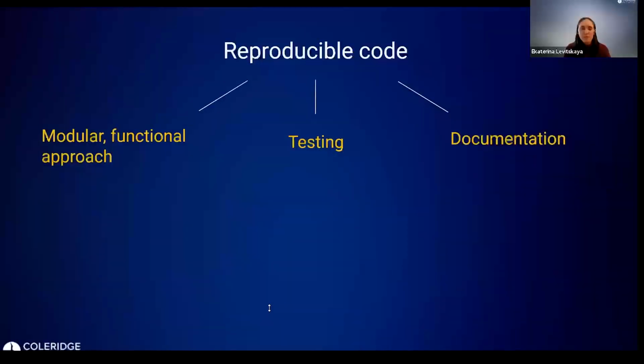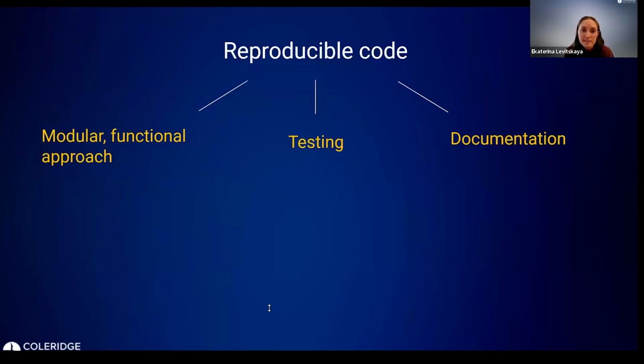And so with the goal of creating this reproducible code, we wanted to discuss three main best practices. First one is the modular and functional approach, which basically means breaking down the program into small independent functions or modules, where each function performs a specific task. And then these functions are easy to reuse, they're easy to test and maintain.